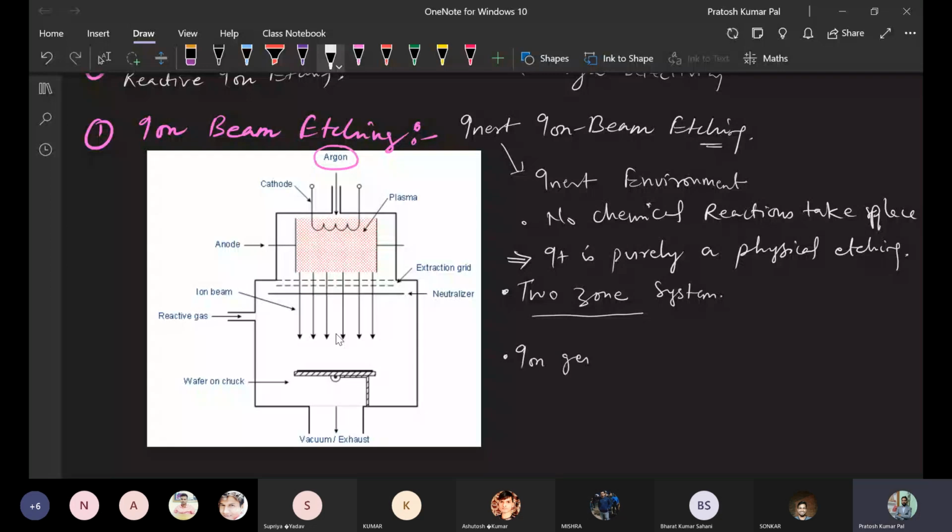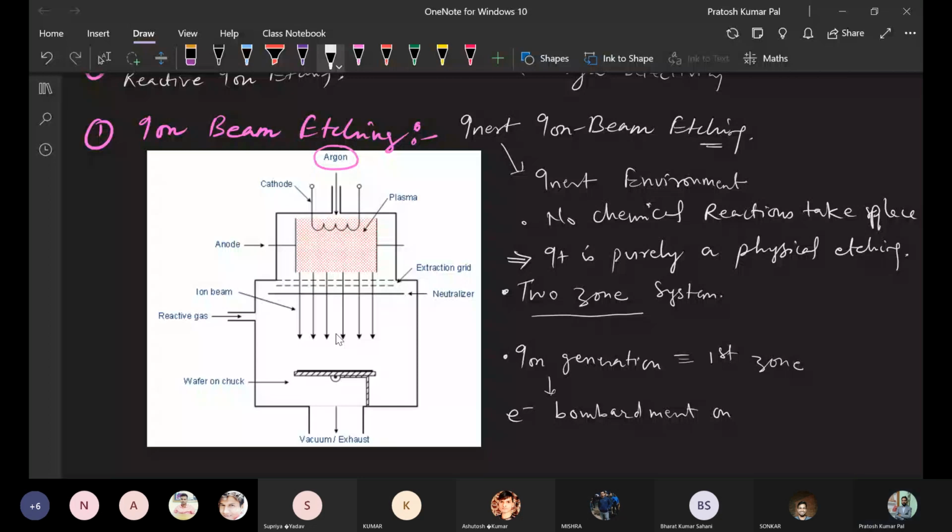The ion generation will be done in the first zone. This generation will be done by electron bombardment on argon, the inert gas environment. So electron bombardment on the inert gas will generate the ions.